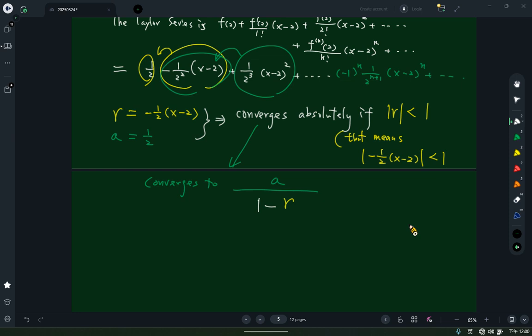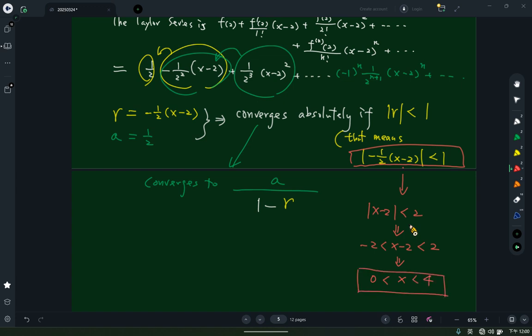For this part, the x range will be the absolute value of x minus 2 less than 2. Then we can get x minus 2 is larger than negative 2 and less than 2, so that x is larger than 0 but less than 4.